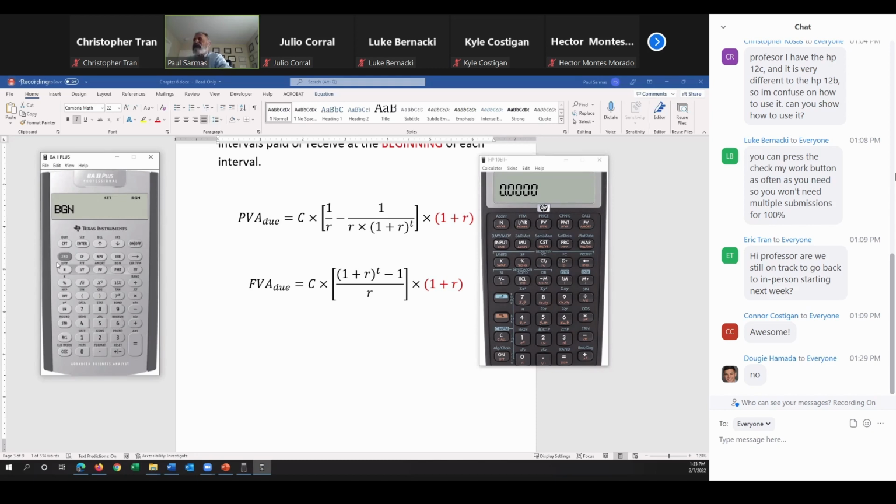But I don't want you to make that change. I want you to keep it at the end. I want it to be the end cash flow. I hope that is clear. So if you keep it at the end, and if the problem is annuity due, then you take the calculator answer and you take one extra step, multiply it by 1 plus R, whatever that is.